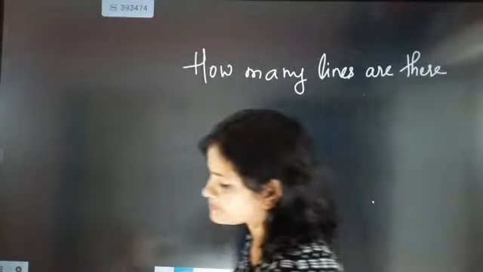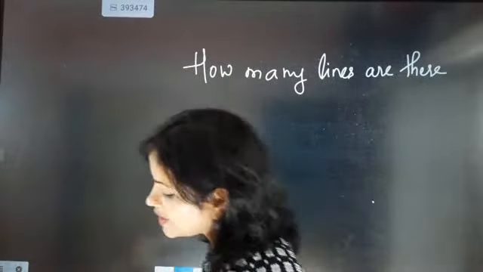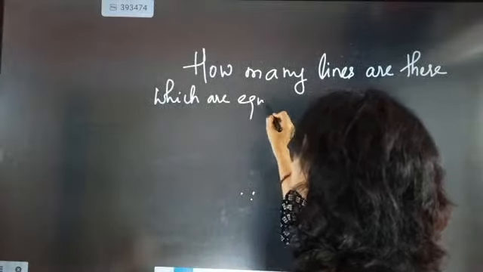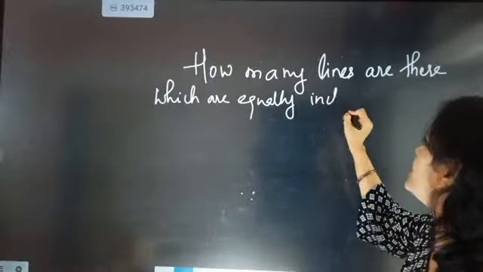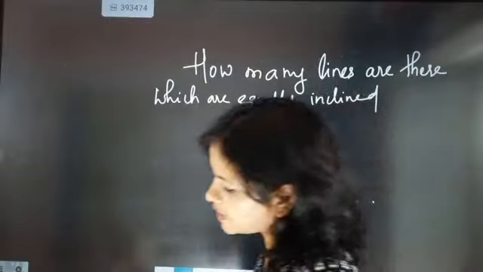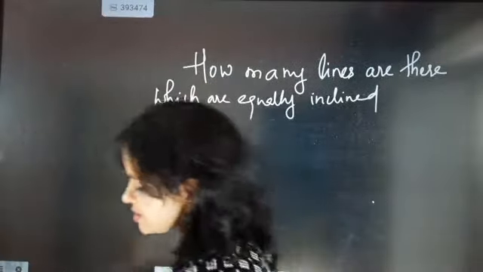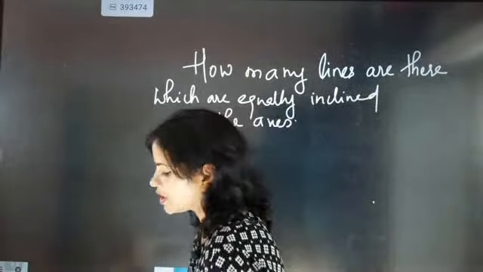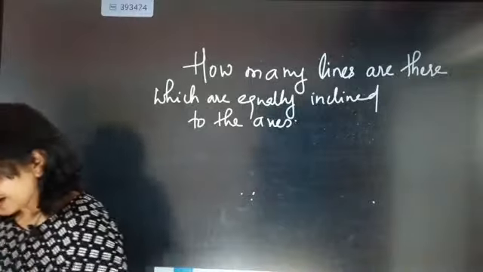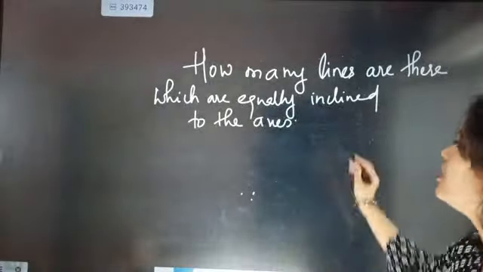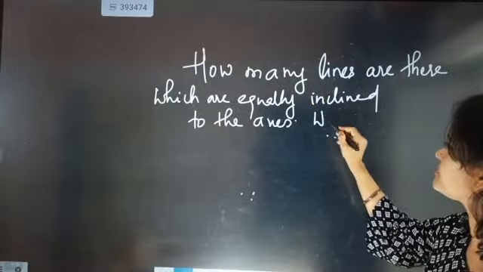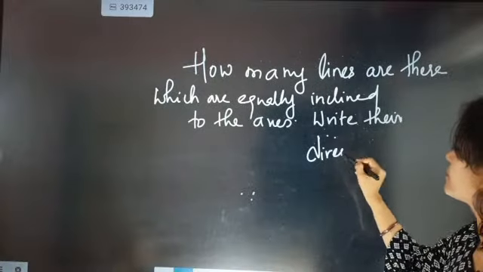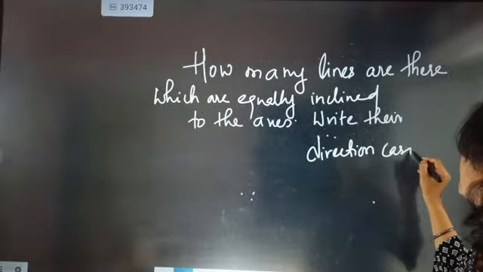How many lines are there which are equally inclined to the axis? Write their direction cosines.